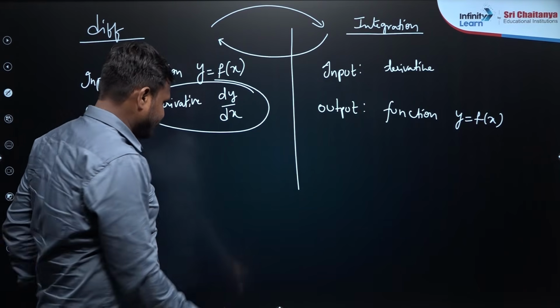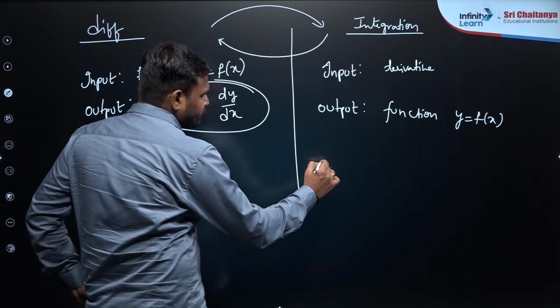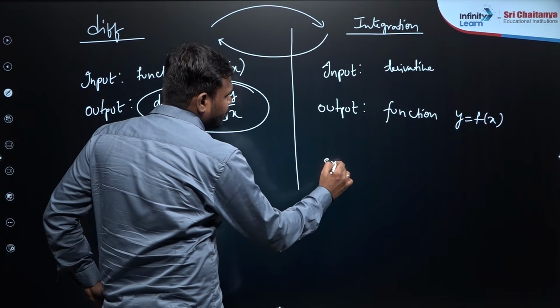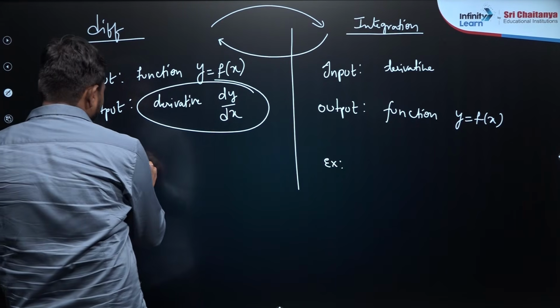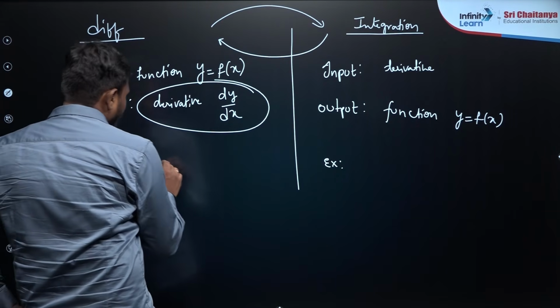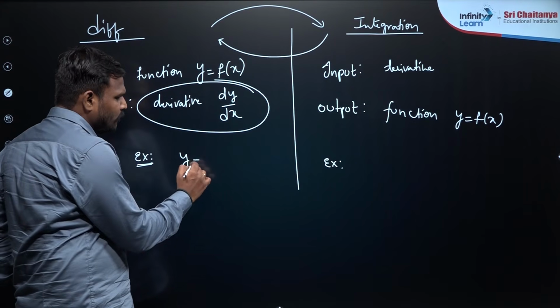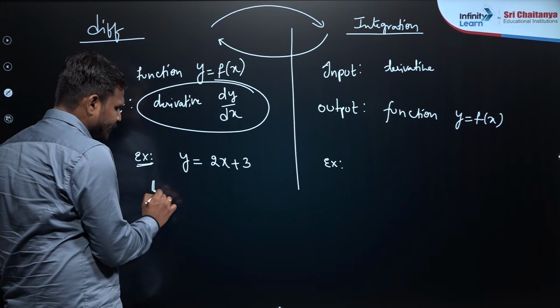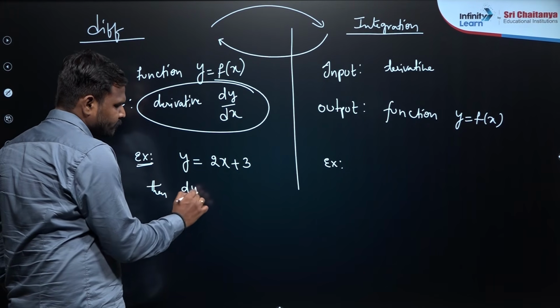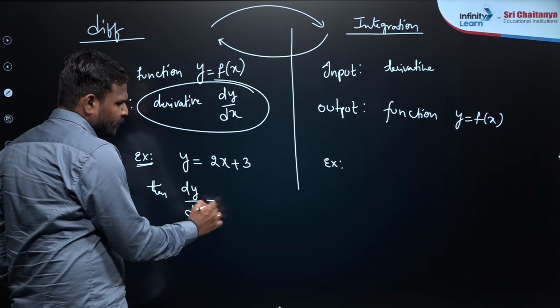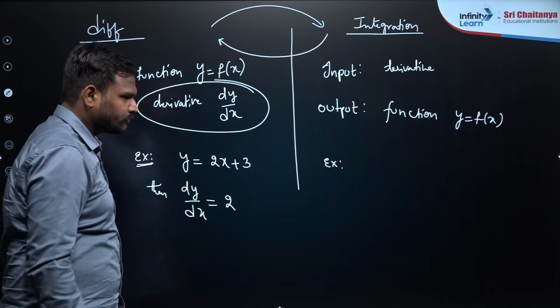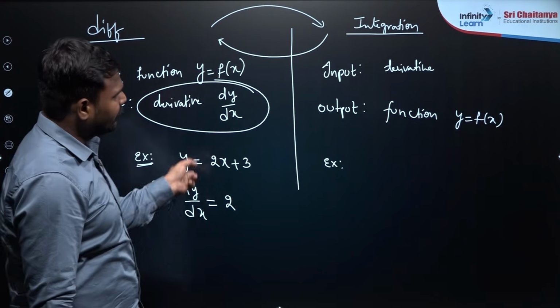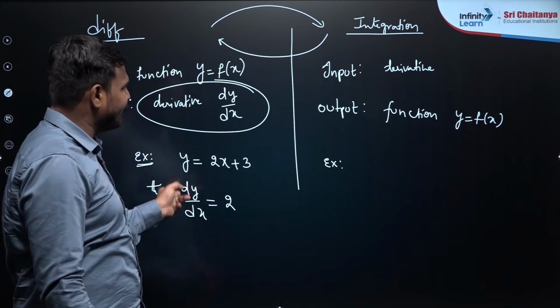Let us say, example I am telling you, in differentiation you have y is equal to 2x plus 3. Then what is the derivative? Correct, it will be 2. Similarly, in integration it will be exactly reverse.